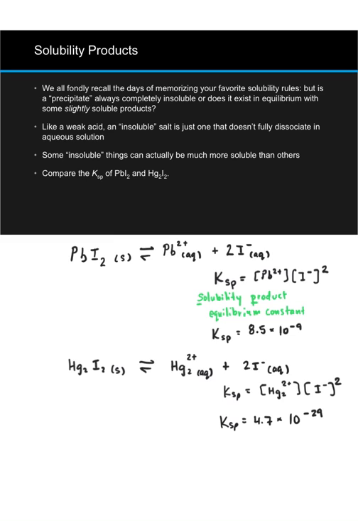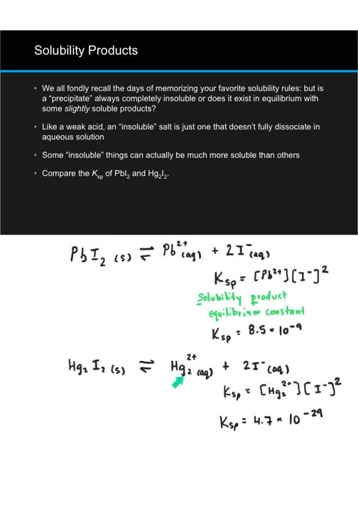So, while the KSP for lead-2 iodide is on the order of 10 to the minus 9, for mercury iodide, that KSP is 20 orders of magnitude smaller. Hg2I2 is by far less soluble than PbI2 because its equilibrium constant is so much smaller.